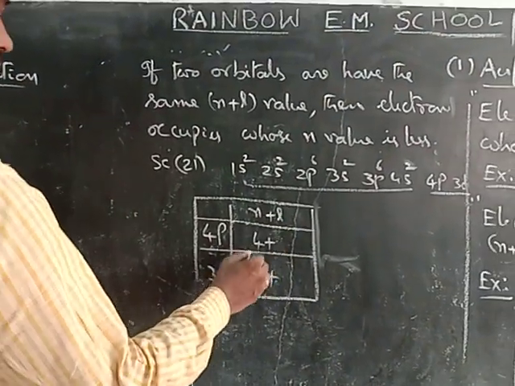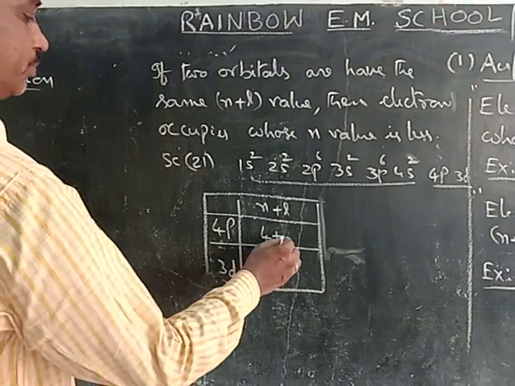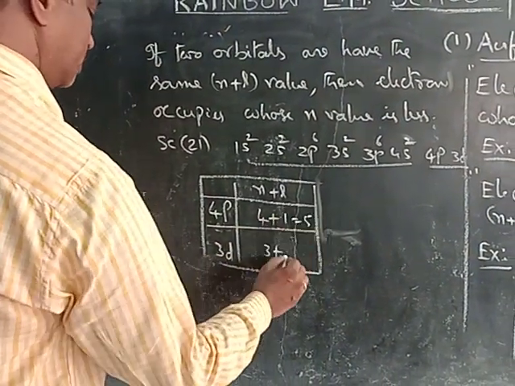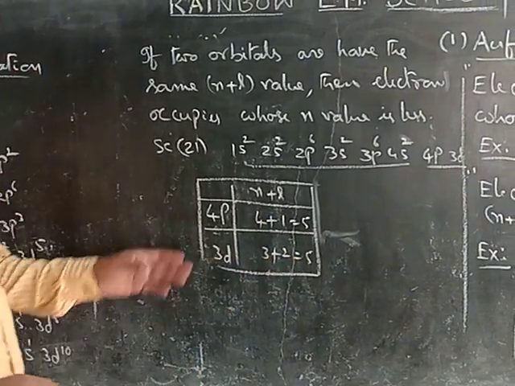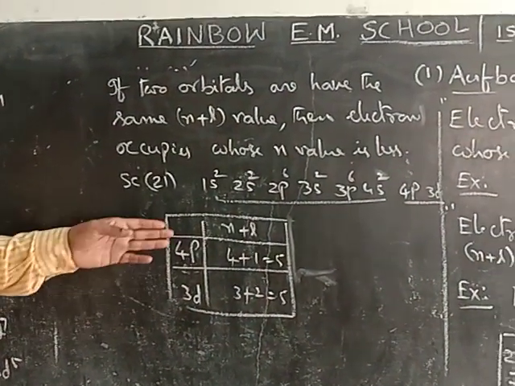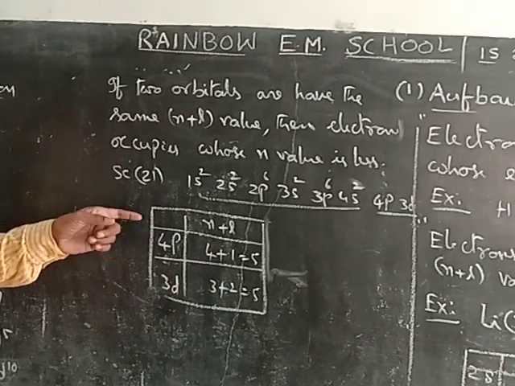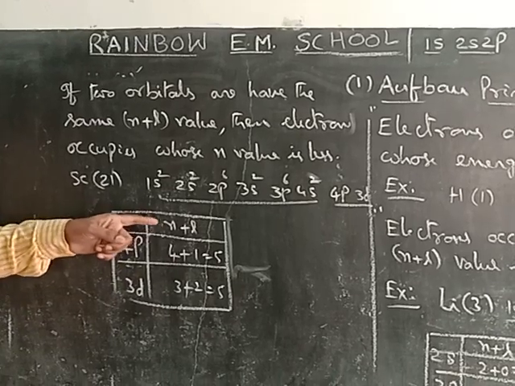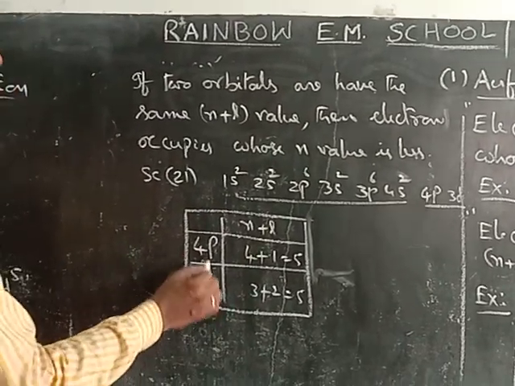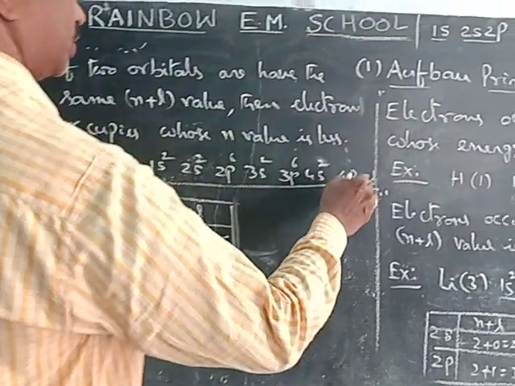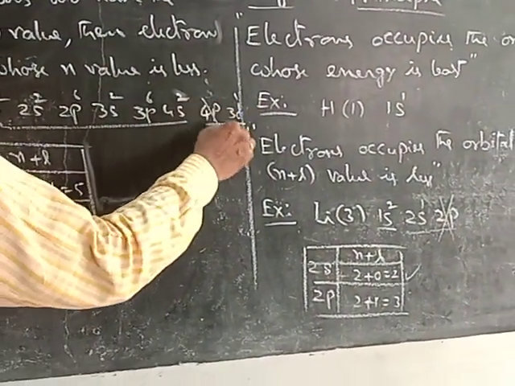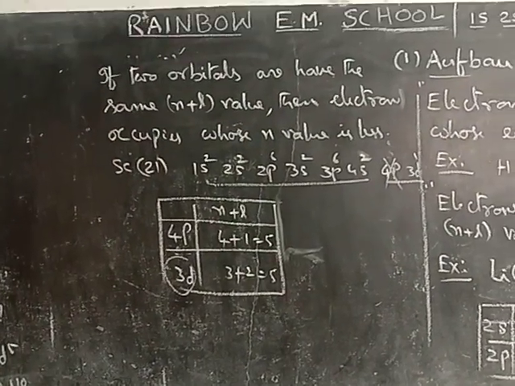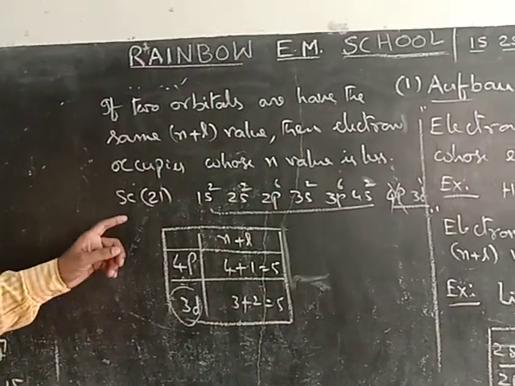The l value for 4p, p value 1, so 5. 3d is 2, so 5. By comparing these two, 4p and 3d, the n plus l value is the same for both orbitals, but the n value is less for 3d. So the 21st electron goes into 3d but not 4p. This is the third definition.